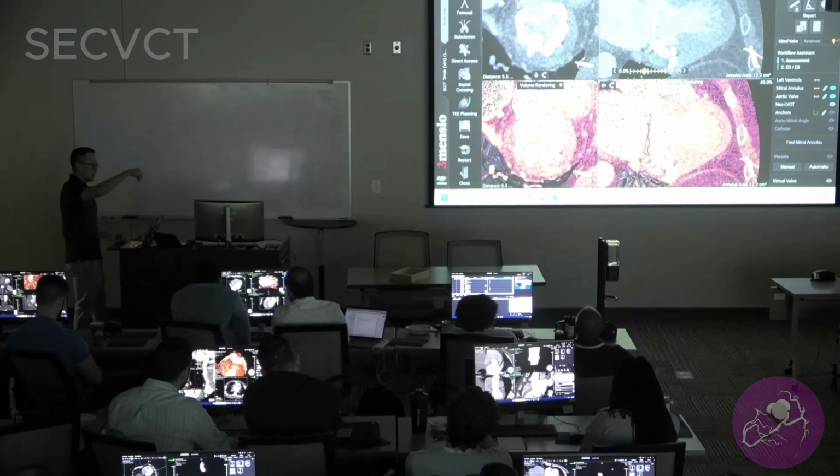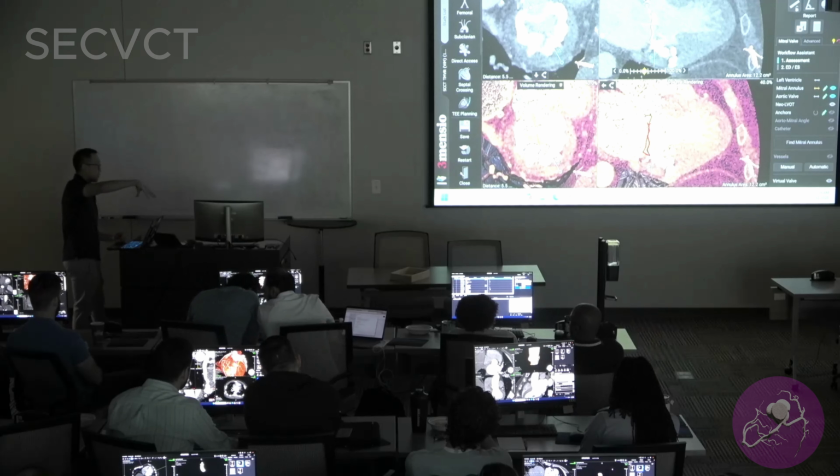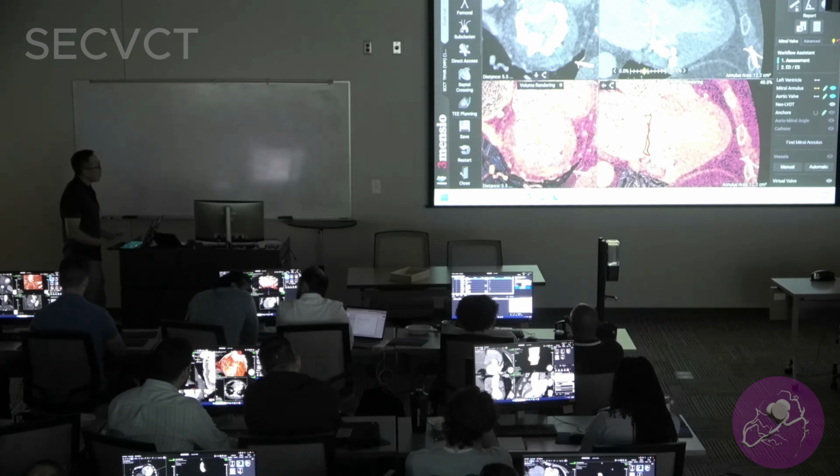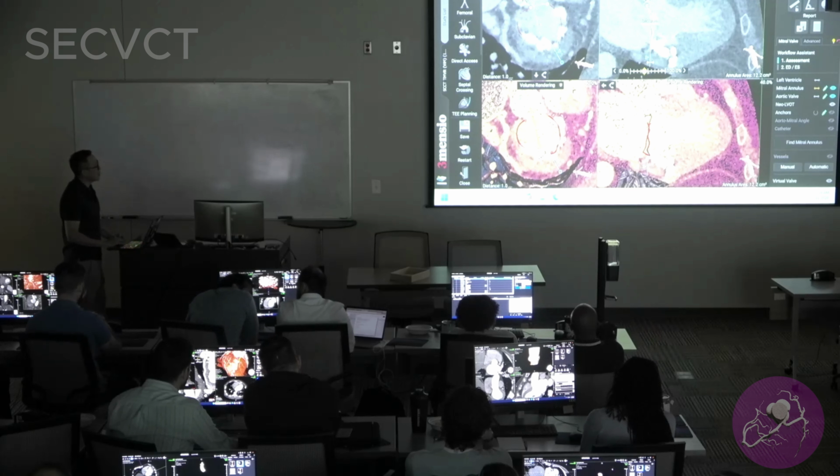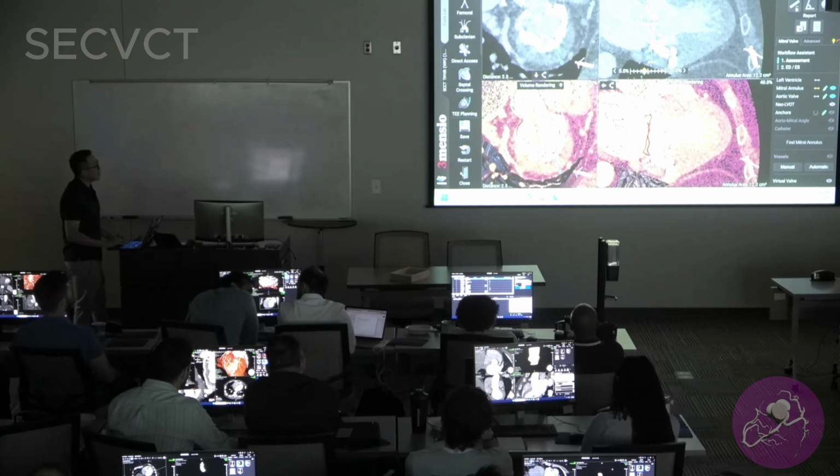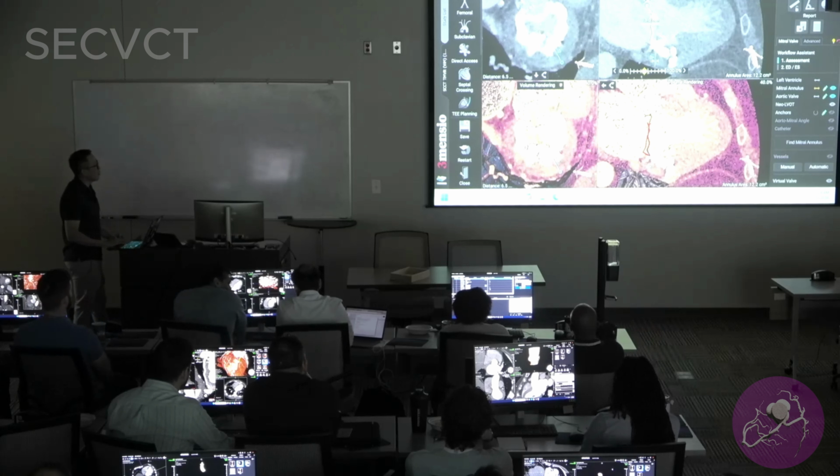If you were to drop a valve in, looking down at the mitral valve, where is it going to get stuck? So what I'm essentially doing here is scrolling up and down to see where it looks the tightest, where there is the best distribution of calcium to actually hold the valve in place.